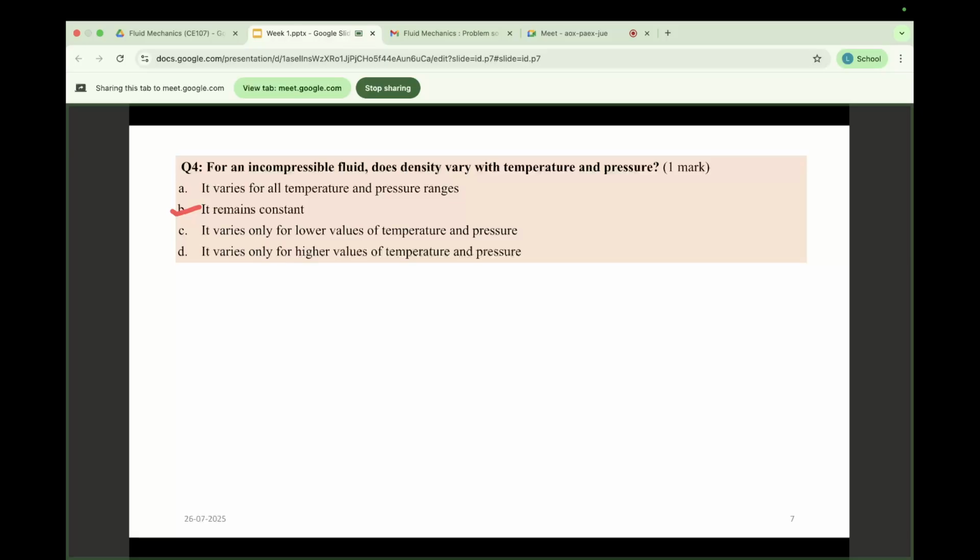In theory, incompressible fluids are those in which the density remains constant regardless of pressure, temperature, force, anything. But in reality, no fluid is truly incompressible, like water at low pressure. We assume it to be incompressible for simplification.